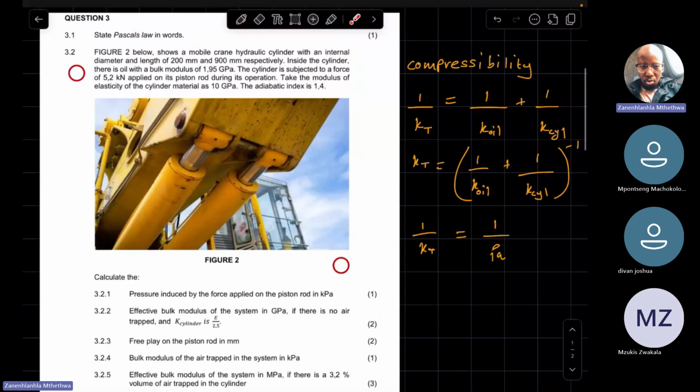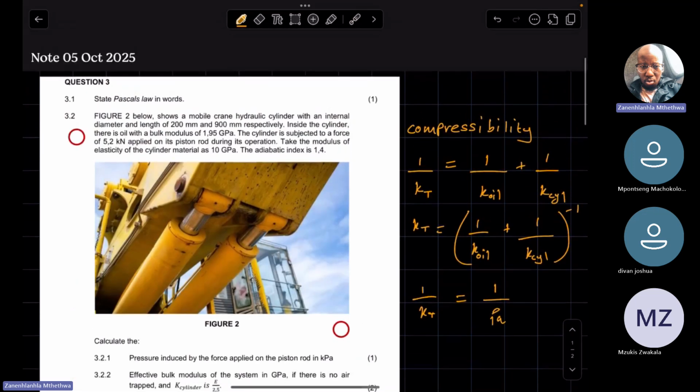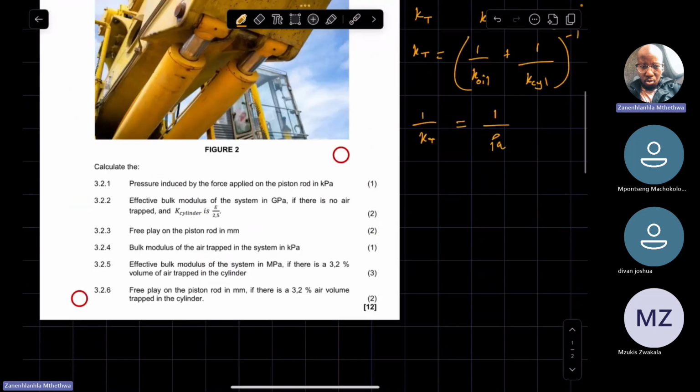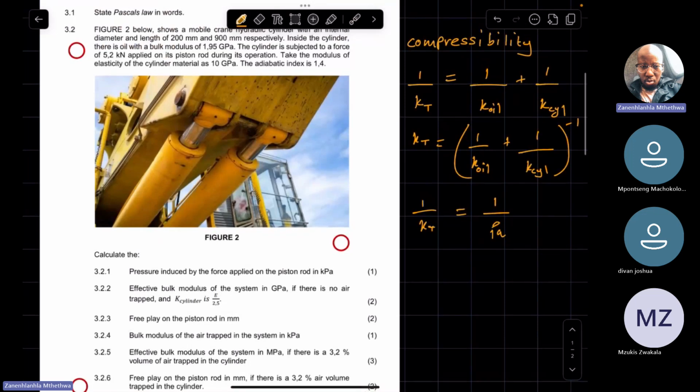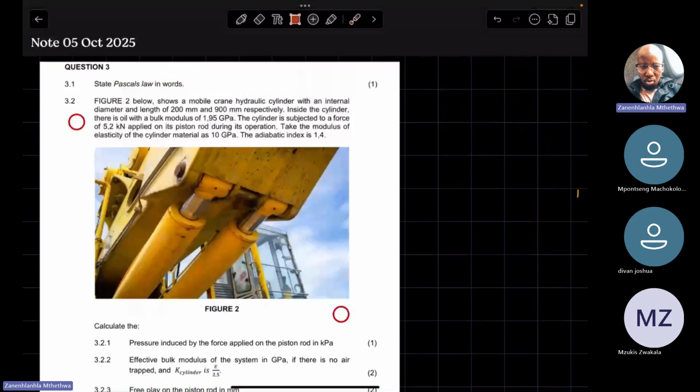Right, let's look at calculations. Perhaps let's first write down what we've been given. All right, let's write down our given data. So we have a hydraulic cylinder with an internal diameter, so we have the diameter of the cylinder, which is 200, that's 0.2 meters.